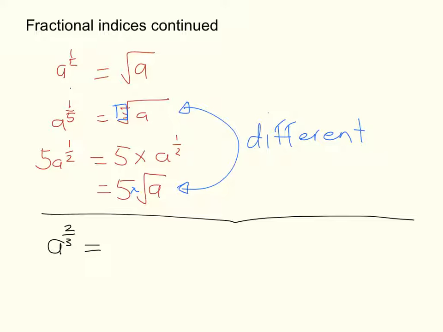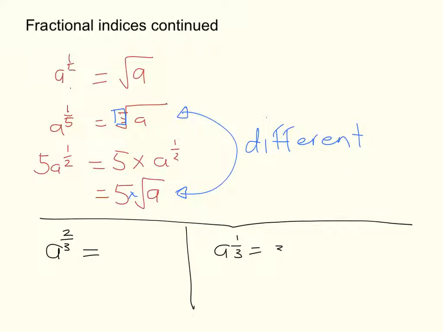Well, we know that a to the power of 1 over 3 is the cube root of a. Okay, well, I could say that a to the power of 2 on 3 is the same as a to the 1 on 3 times 1 on 3.